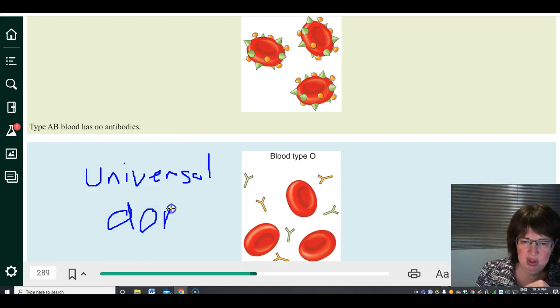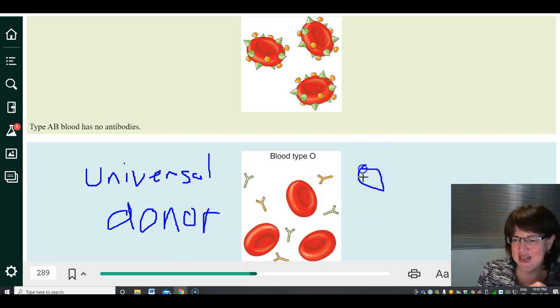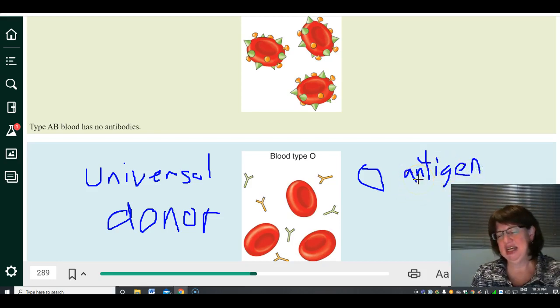And that's because it has 0 antigens. Okay. Did I spell antigens right? Sure. Anti. Yes. Against. 0 antigens on the cells. Okay. It's the universal donor.